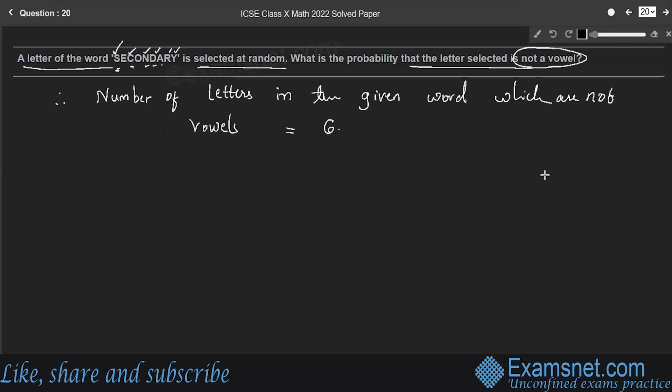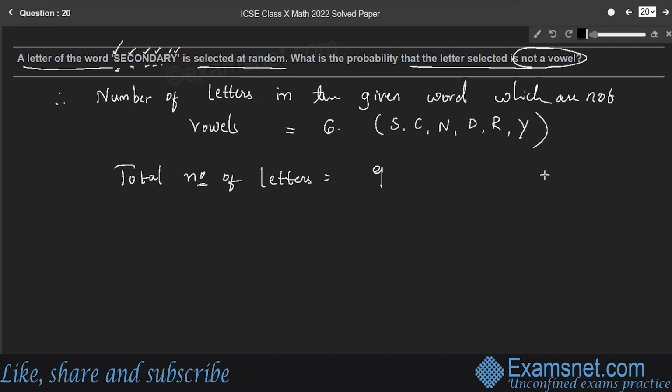Only 6 letters are not vowels. They are S, C, N, D, R, and Y. These are the letters in the given word which are not vowels. And the total number of letters in the given word is 9. In the given word secondary, there are 9 letters.